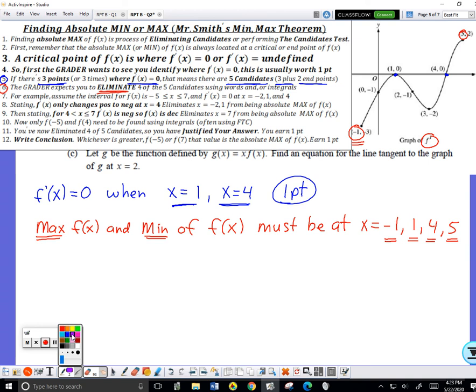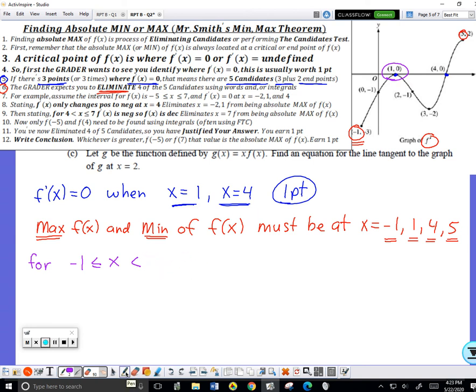So, starting at x equal negative 1, going all the way to x equal 4, f prime, well, I guess I better go in steps here. I'm not sure how to handle that, so we'll just go in a couple of steps here.